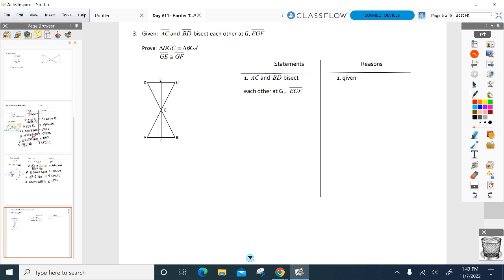Yep, don't move on to the second part. Just because it says bisects doesn't mean. It said nothing about DG and GB. It says DC. Just get the triangles congruent.